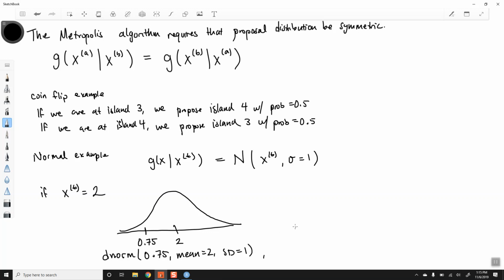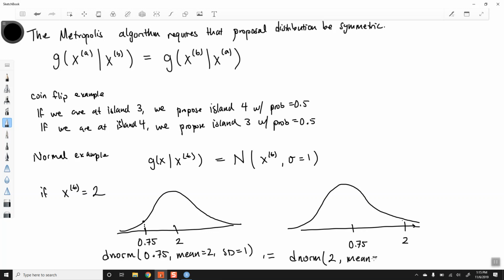Likewise, if I center myself at 0.75, the probability that I propose 2 should be exactly equal. It's the PDF of proposing 2 if I'm currently centered at 0.75 and the standard deviation is equal to 1.